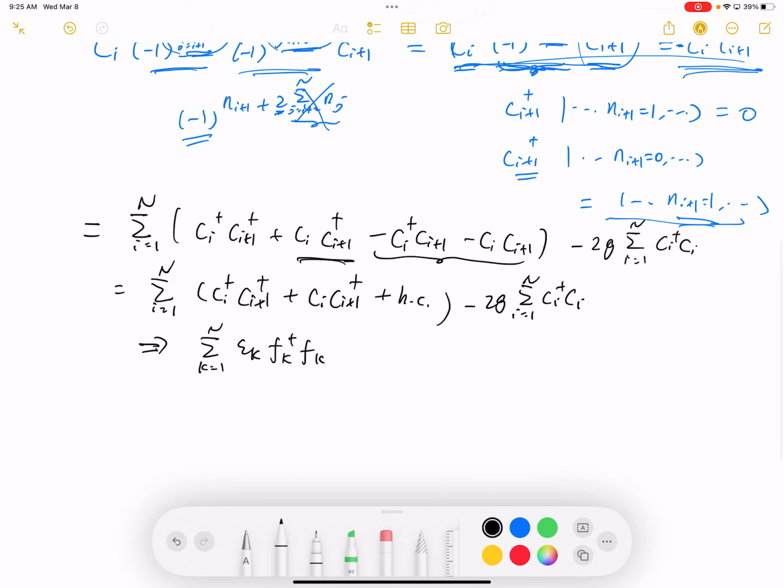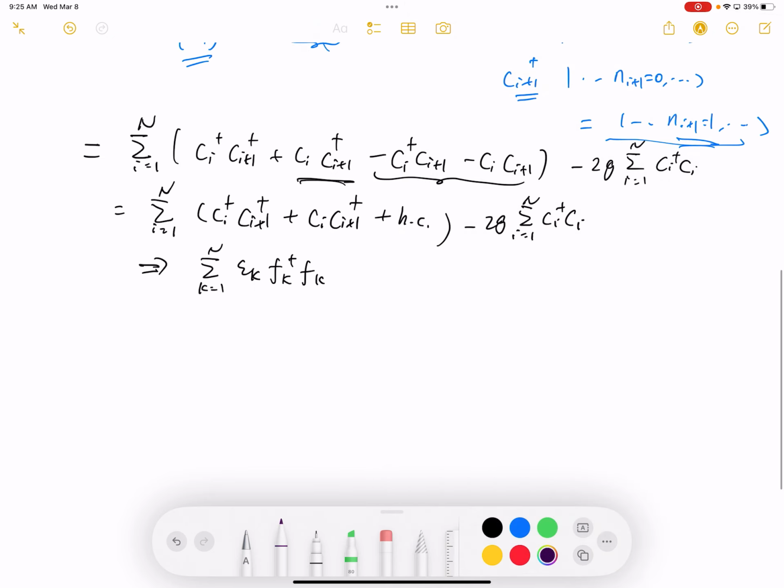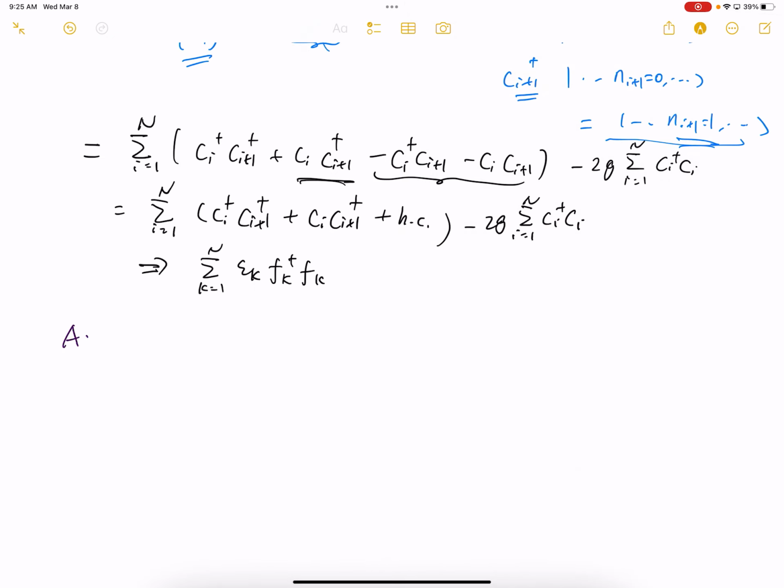So let me use a different color here. Now assume we have next nearest neighbor interactions.